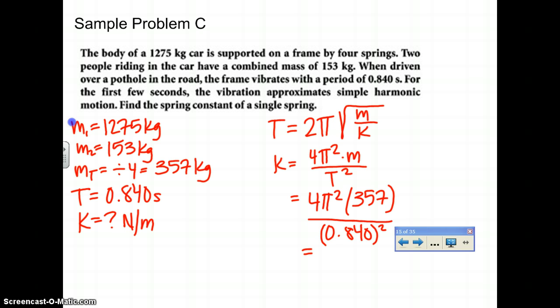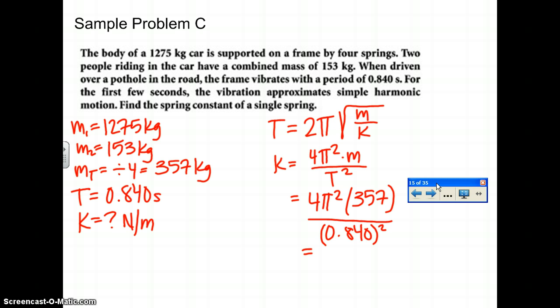Plug that into your calculator, please. 4 pi squared times 357 equals, divided by 0.840 squared equals. That should give you roughly 2.00 times 10 to the 4th. You want 3 sig figs for your final answer, so your K value is 2.00 times 10 to the 4th newtons per meter.